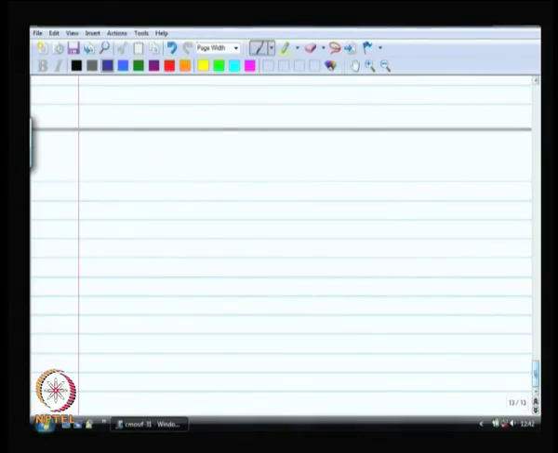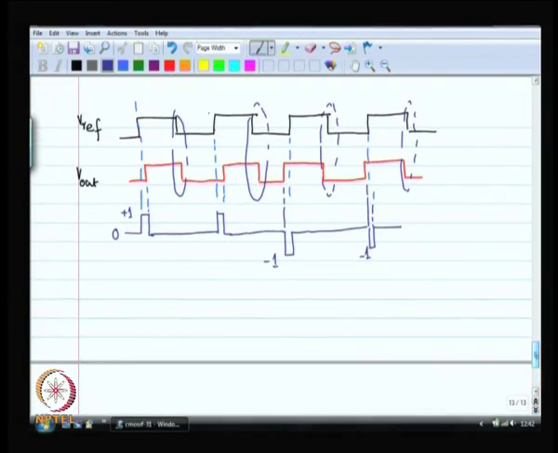Which kind of means that you need to build some sort of sequential logic. If you want to build sequential logic, you have to start with a state machine diagram. So, let us try to build a state diagram for this kind of a system.